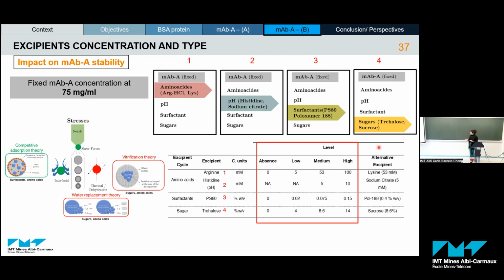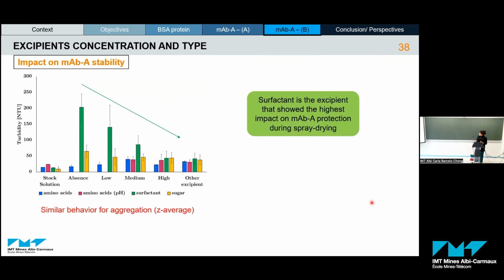As well, we use alternative excipients to the ones we already used in the formulation. In this case, the concentration of these alternative excipients corresponds to the medium level of the excipients we were already using. This was with the intention to know if it's the concentration of the excipient or the type of excipient that can affect our protein aggregation.